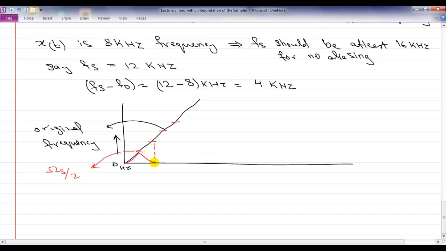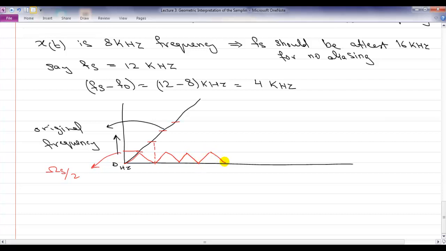Now once it hits 0, at what point will it hit 0? For example, if you are sampling something at 8 kilohertz and you input into the system 8 kilohertz, what you will get out will be 0 hertz. Once it hits 0, and you still input higher frequencies, those frequencies will start increasing, and it will keep on doing this kind of zigzag.